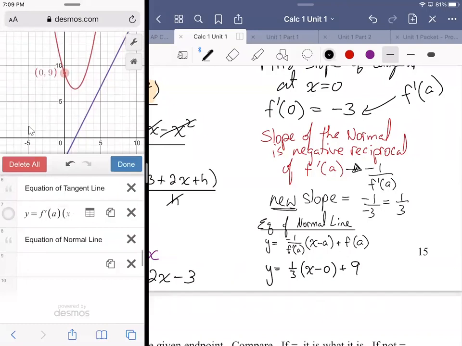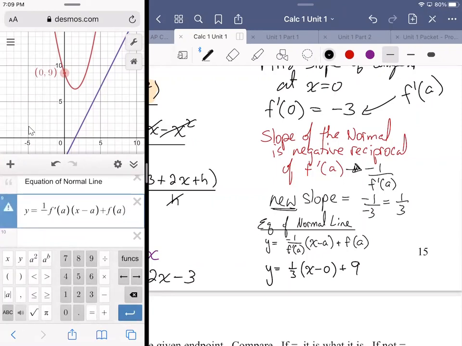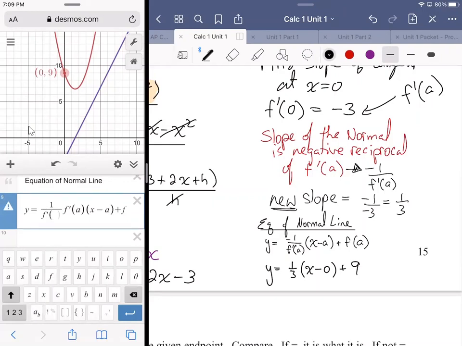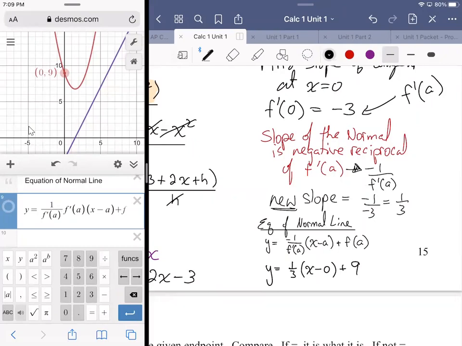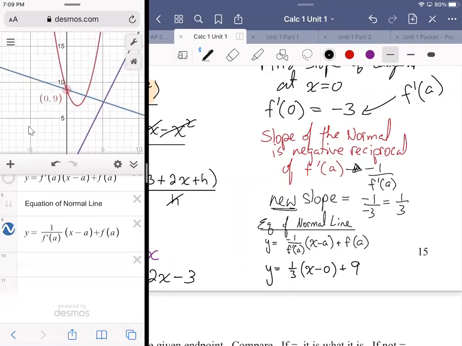And then just do a quick duplicate of this, slide it down, and tuck in a 1 divided by f prime of a. Get rid of this other f prime of a, and that would be the equation of the normal line, right? Mission accomplished. Scale-wise, it's not too pretty, but it gets the job done.